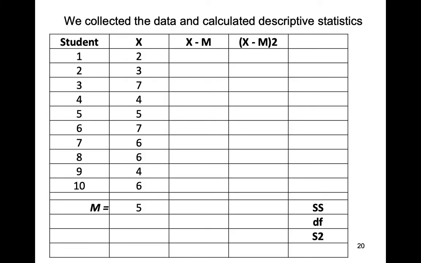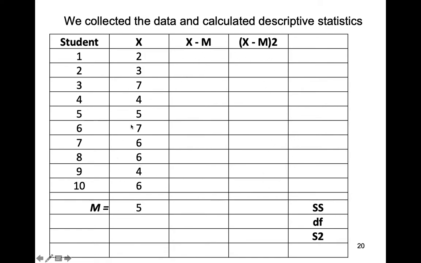So the way that this would be done in practice is to go and actually collect our data and have our random sample of 10 students. Here are their answers to the questionnaire, which recall could range from 1 to 7, 1 being extremely unacceptable, 7 extremely acceptable. We've calculated a mean, and then what we can do is calculate a standard deviation.